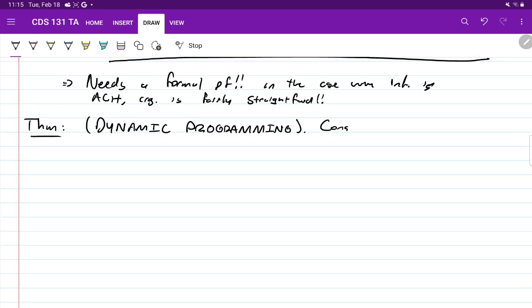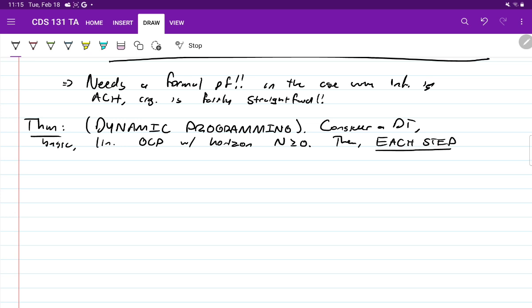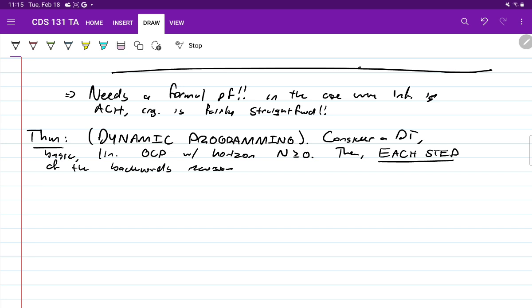And we'll say consider a discrete time basic linear optimal control problem with horizon N greater than or equal to 0, okay? Then each step of the backwards recursion, remember it's a backwards recursion because we start all the way at the terminal state and work our way backwards, right?